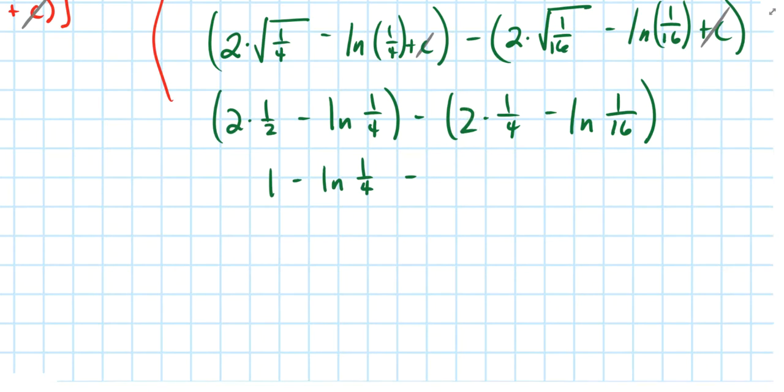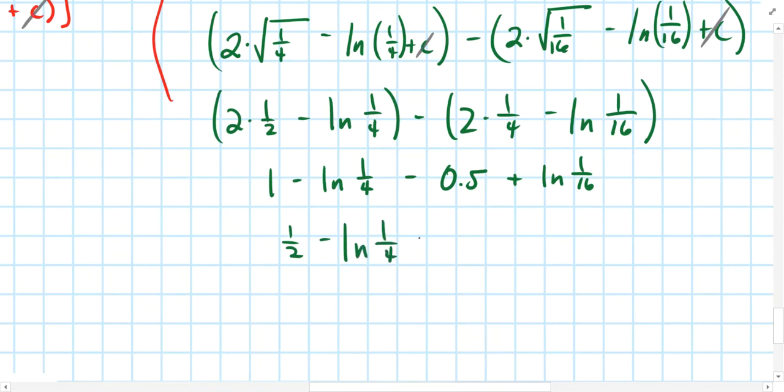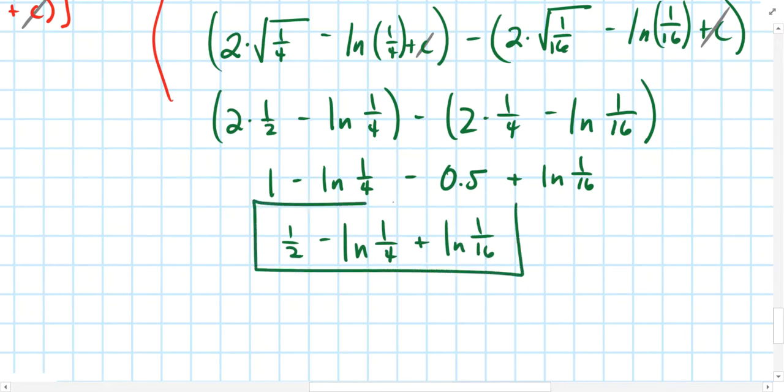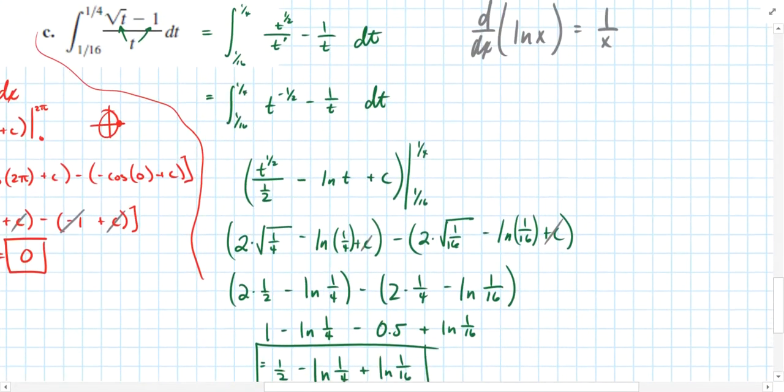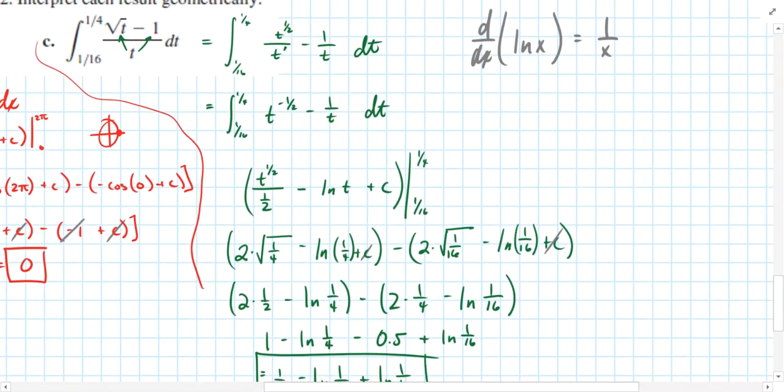Well, 1/4 of 2 is 1/2, minus a negative natural log of 16, so we'll say plus the natural log of 1/16. And so we have 1 minus a half, which is 1/2 minus the natural log of a fourth plus a natural log of 1/16. And we've got a precise answer for the area underneath this curve.